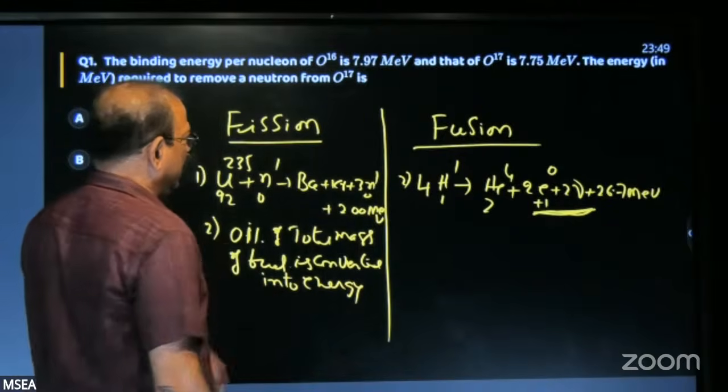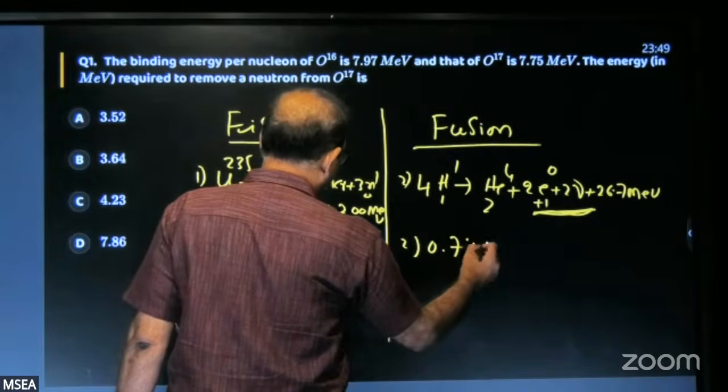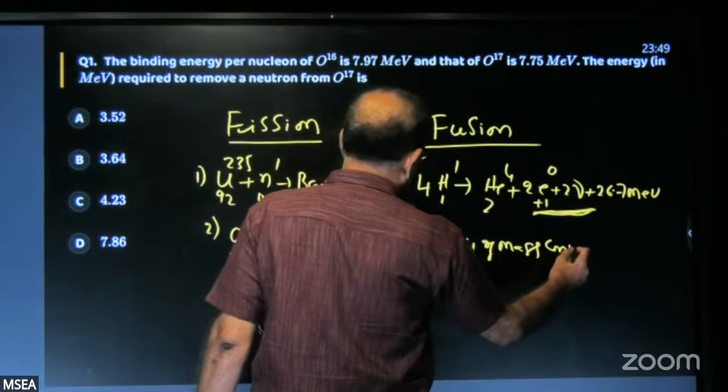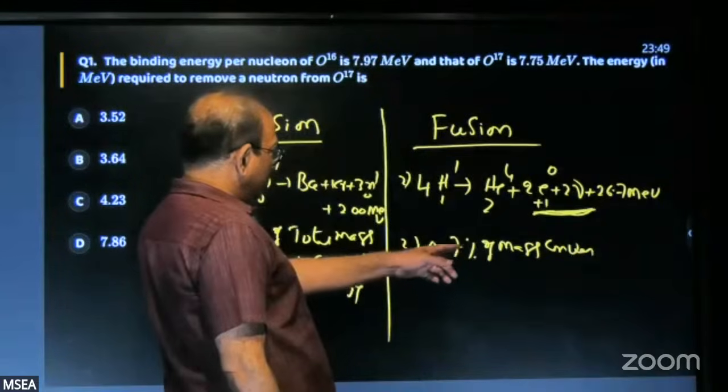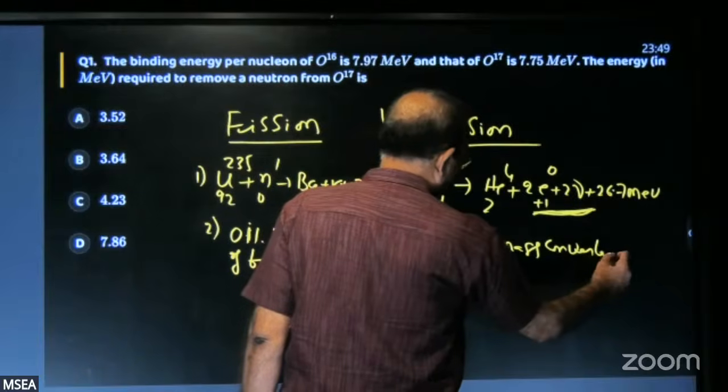In fusion, 0.7% of the mass is converted into energy. 0.7% of that fuel, that hydrogen, is converted into energy.